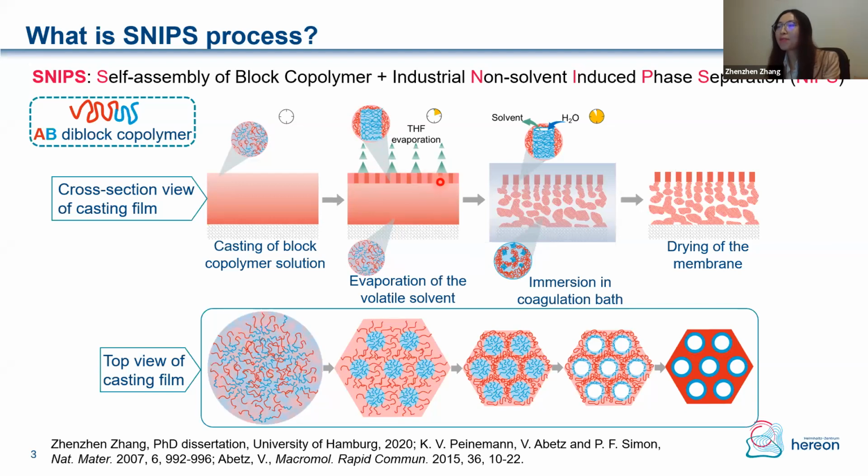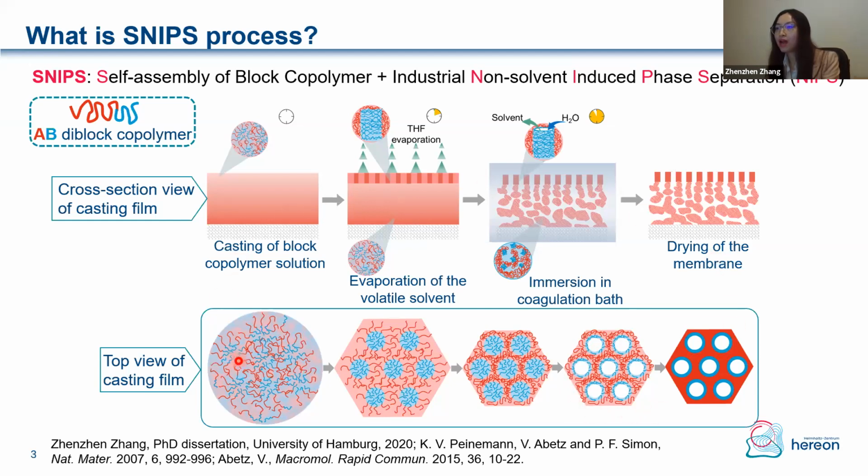Those cylinders are perpendicular to the membrane film surface. And afterwards, we put this membrane film into the non-solvent bath. The swollen blue chain of B block collapses to form those uniform open pores.